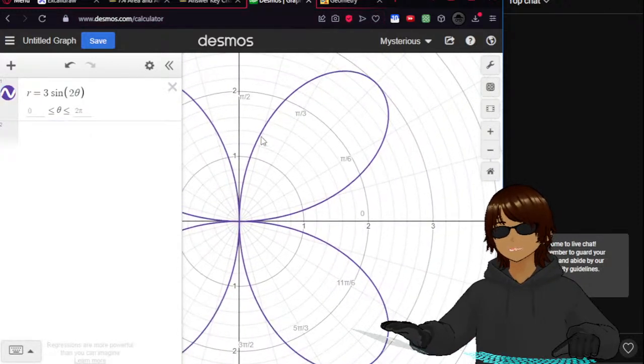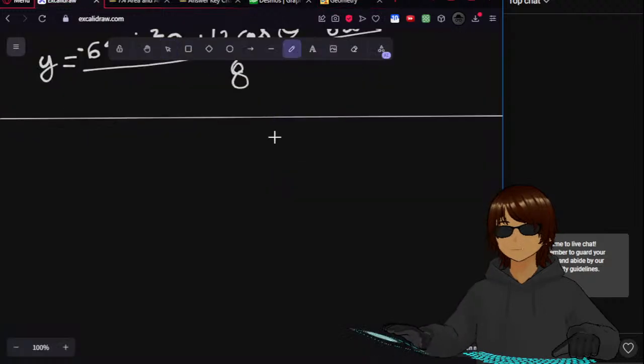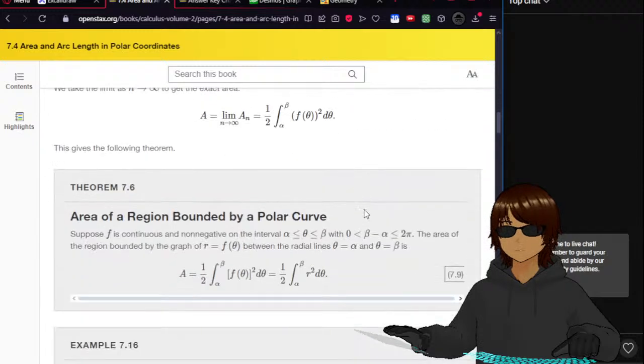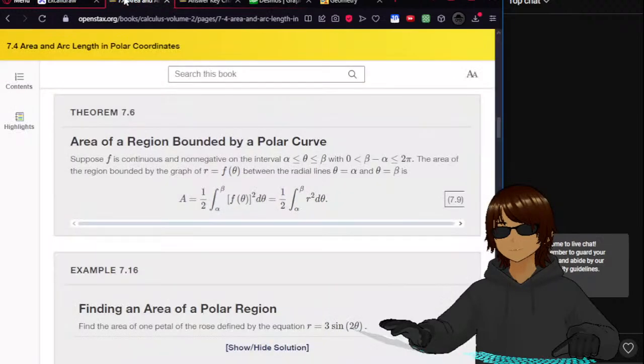So we are going from 0 to pi over 2, right? What number is this? 7.16.